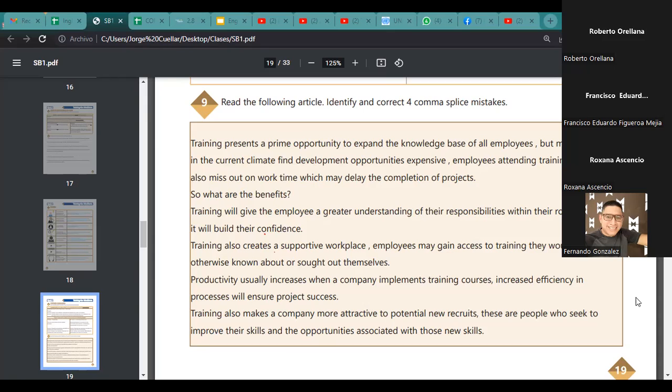Okay, anybody else, the second one? After role. After role, it says training will give the employee a greater understanding of the environment. In line 5, training will give the employee a greater understanding of their responsibility with their role.